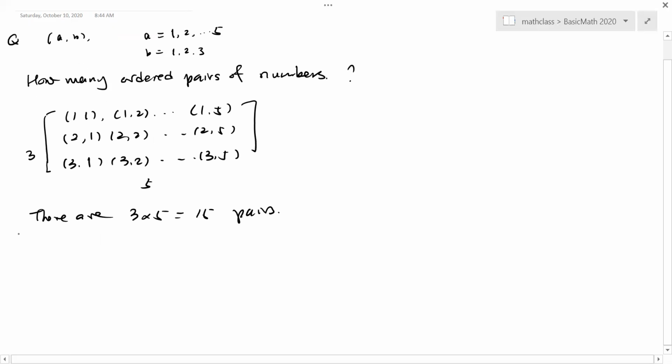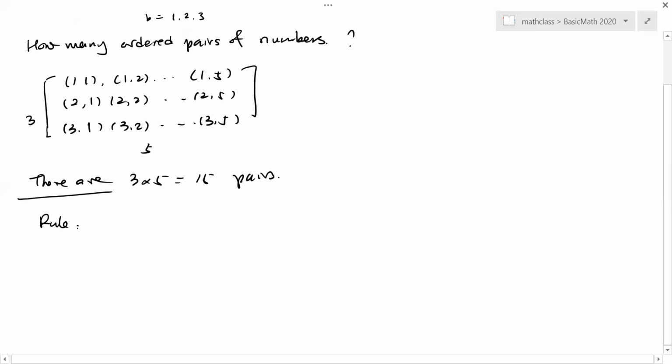Now we can also do the following. When I try to count something that involves several steps, this is a general rule.